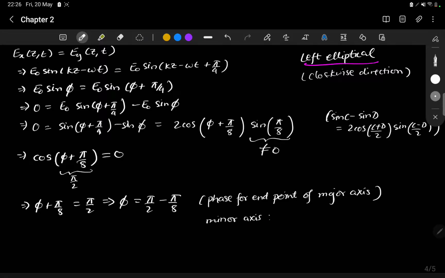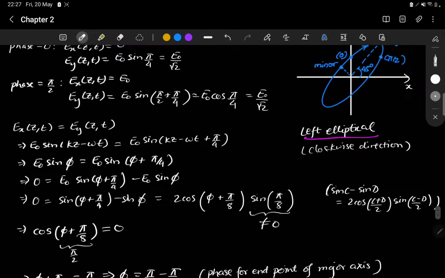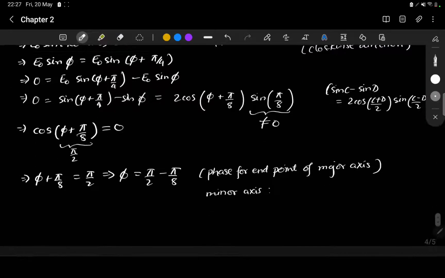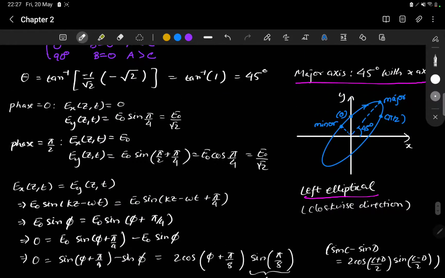The minor axis and major axis form an angle of 90 degrees between them. So the minor axis would be at pi by 2 less than the major axis, which is nothing but minus pi by 8. So the minor axis would be here at this point.